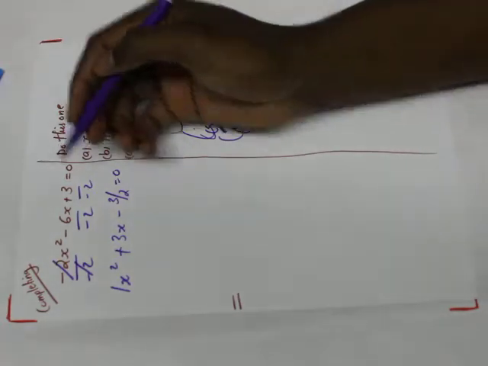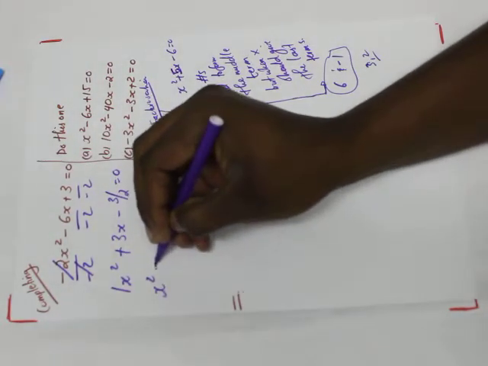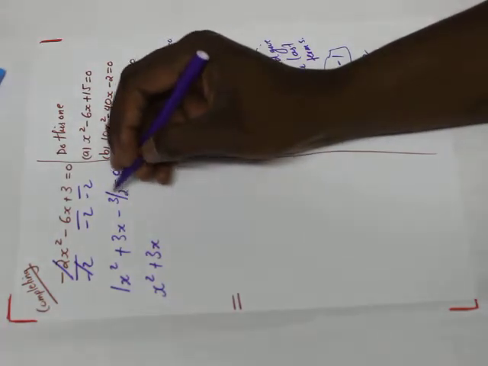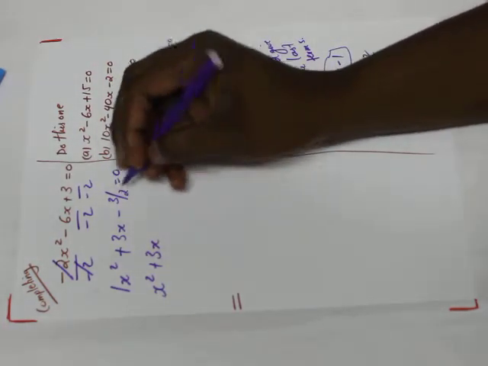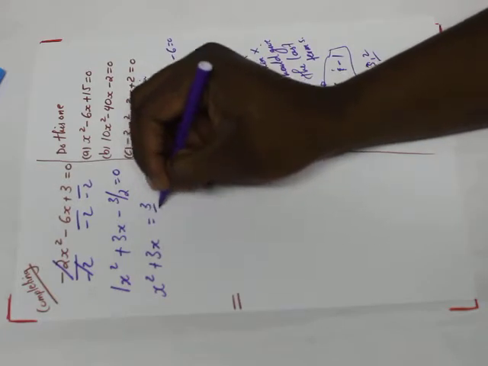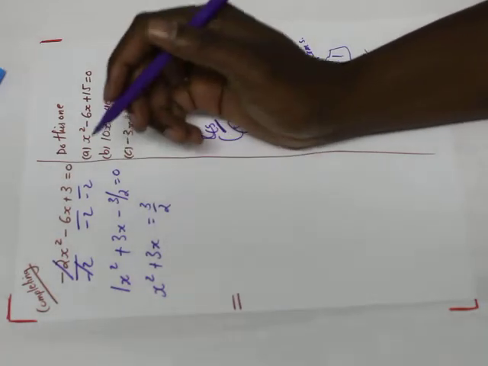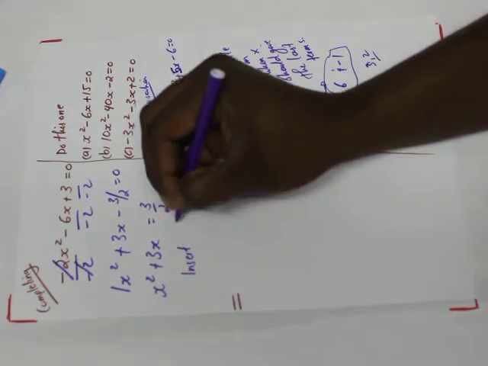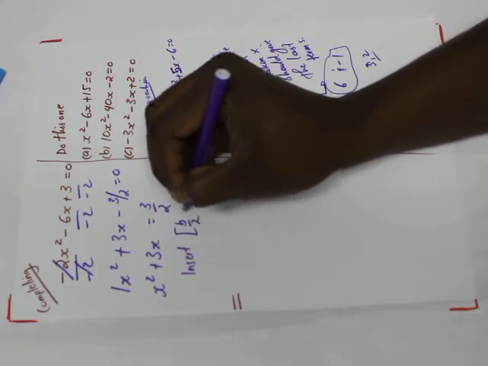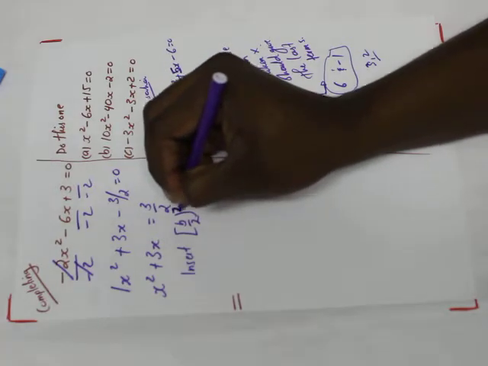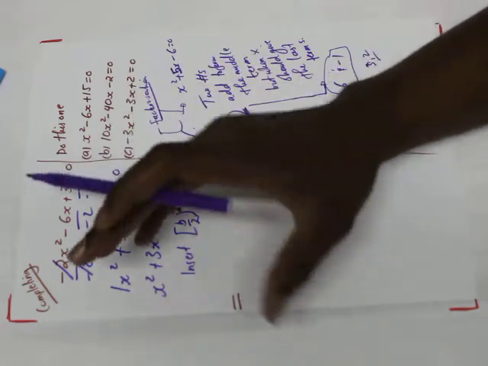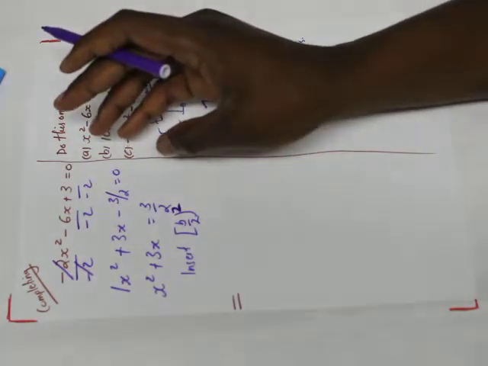Then the second thing you want to do is take the third term, the last part of the expression, to the other side of the equation. So you have 3/2 here. Then we insert b/2 squared. Always you add it: what you do on the left side, you also do on the right side.